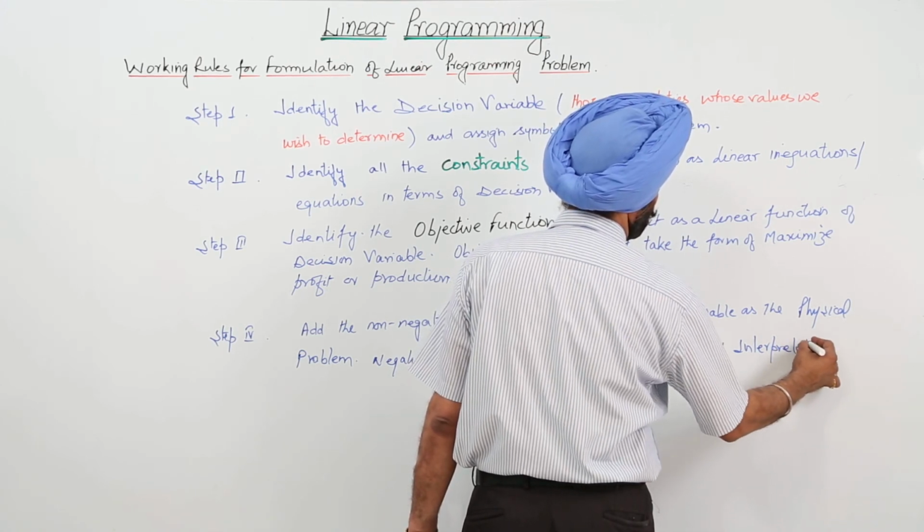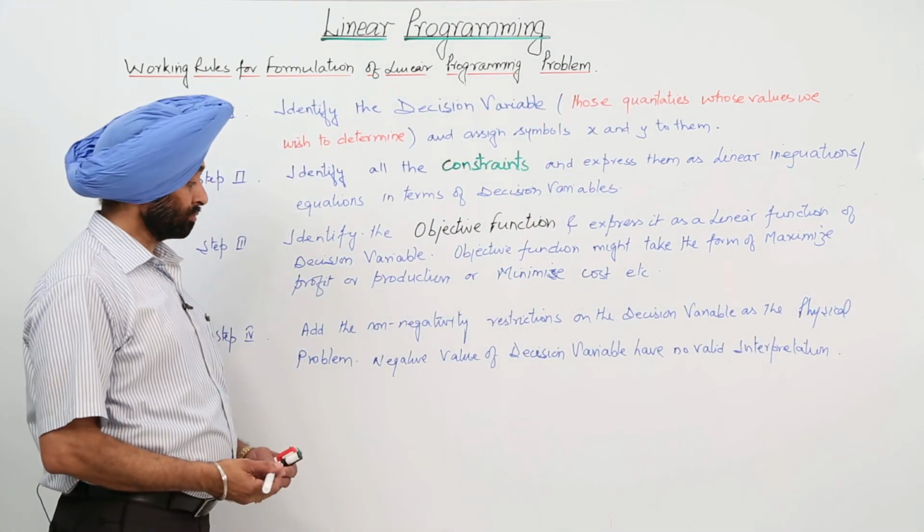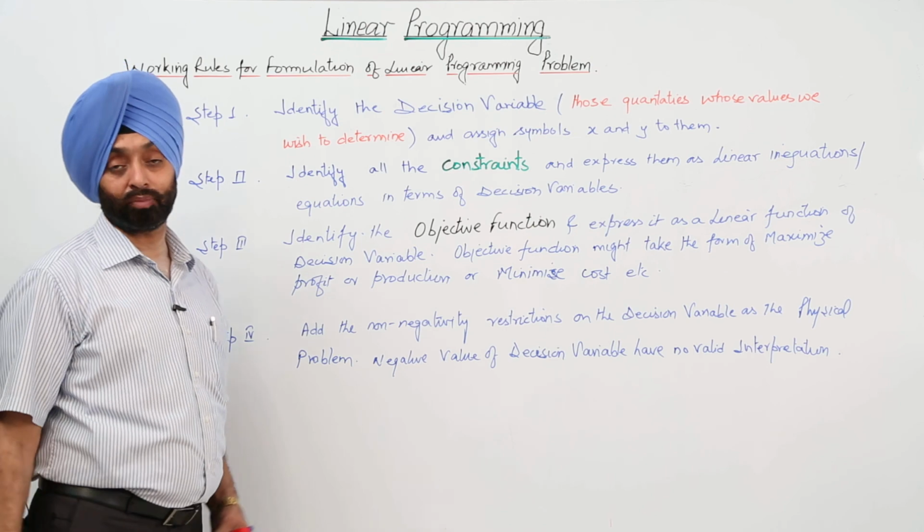So, these are the 4 basic steps by which we are going to formulate the linear programming problem.